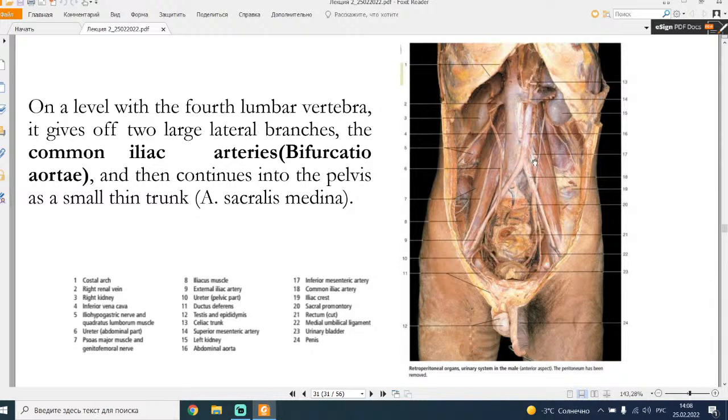This is the bifurcatio aortae. It then continues into the pelvis as a small thin trunk, the arteria sacralis media, which is absent in the picture. This is the descending aorta, bifurcatio aortae, and the arteria iliaca communis dextra and sinistra.